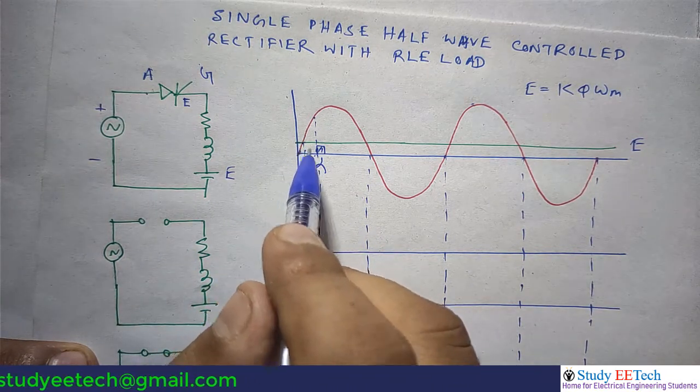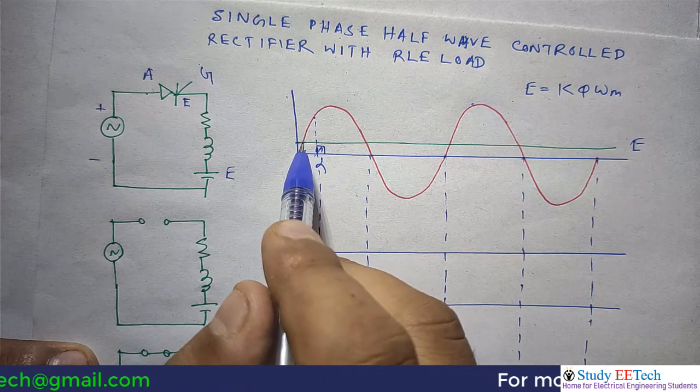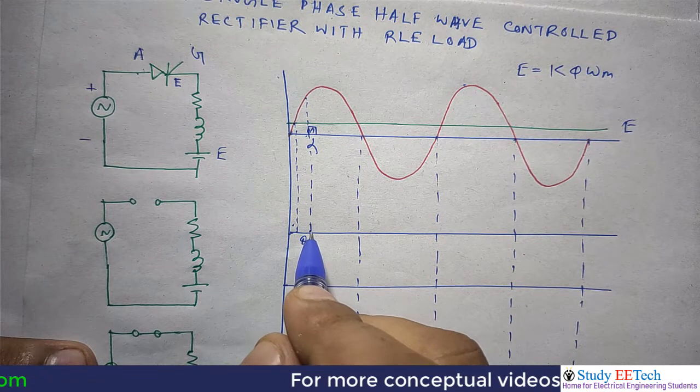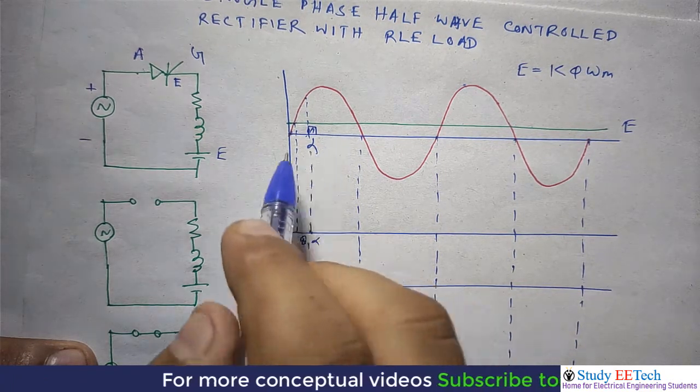One more constraint here is that you cannot make alpha less than theta 1. So alpha is here.